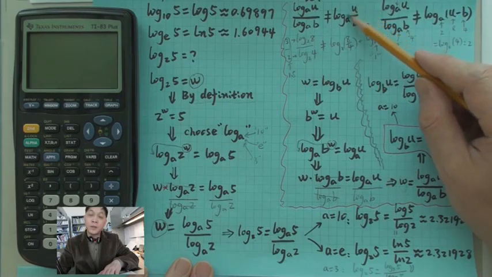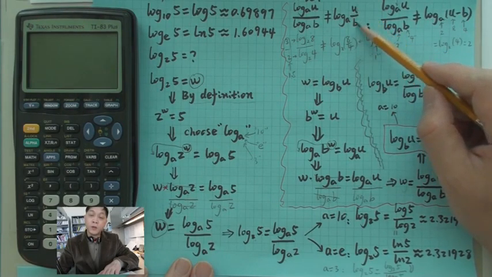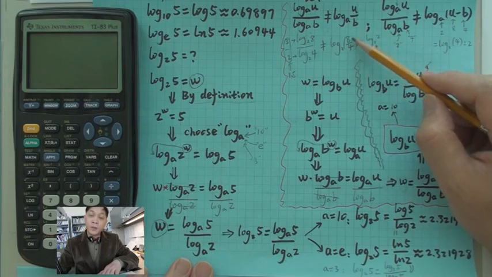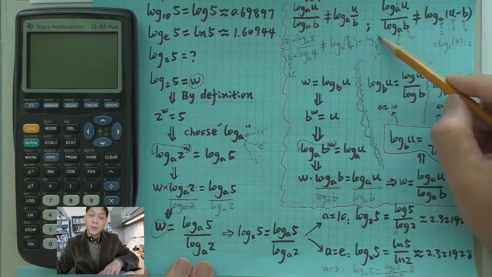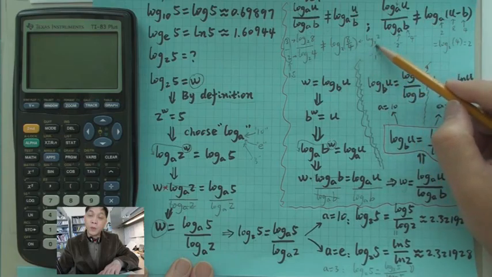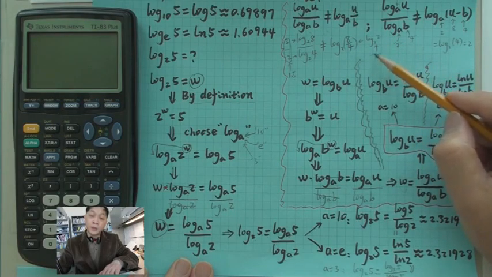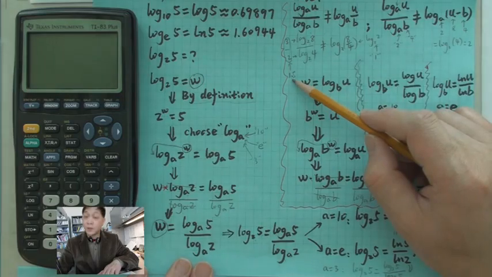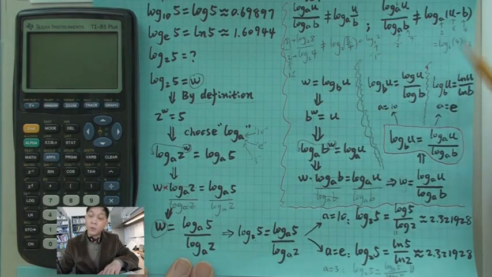Now on the right-hand side, if U is 8 and B is 4, 8 divided by 4 is 2, and log base 2 of 2 is 1. 1 apparently is not 1.5. So this formula is different from this one.